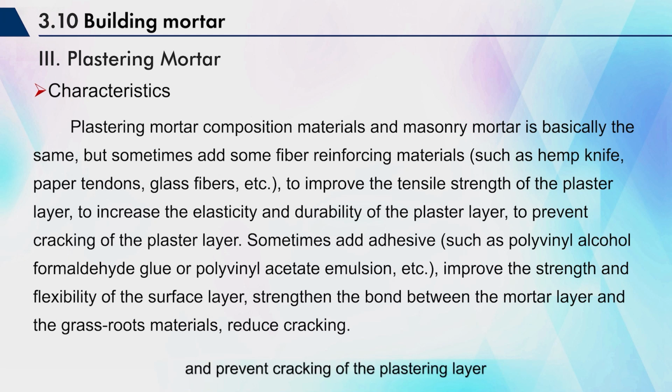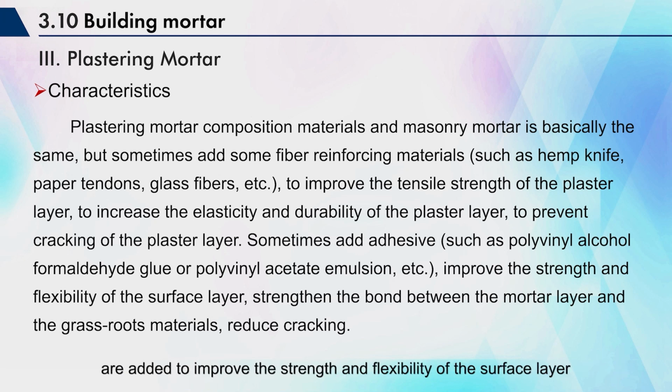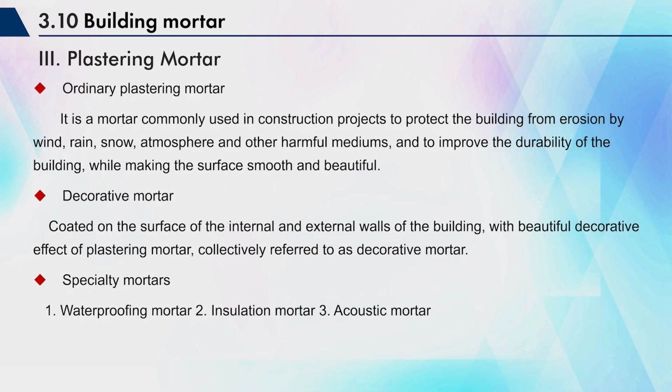Sometimes adhesives such as polyvinyl foam adhesive or polyvinyl acetate lotion are added to improve the strength and flexibility of the surface layer, strengthen the bonding between the mortar layer and the base material, and reduce cracking.